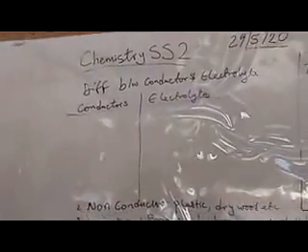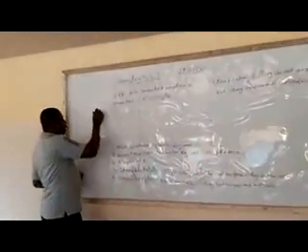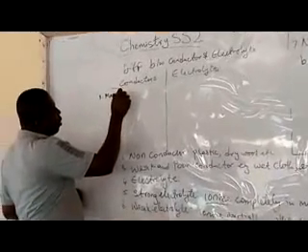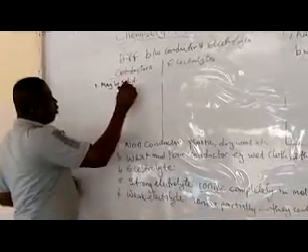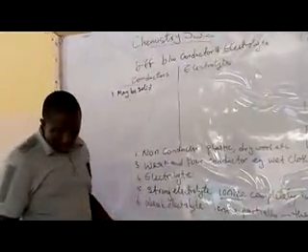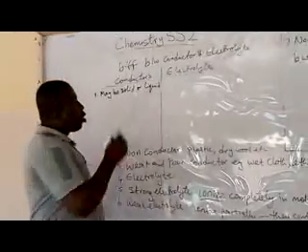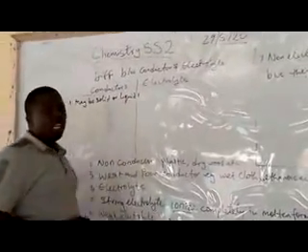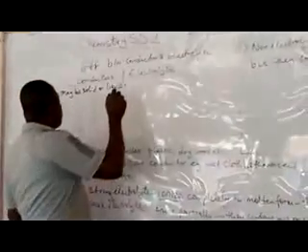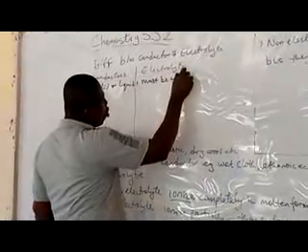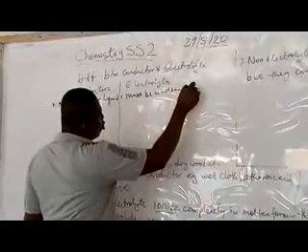Number one, conductors may be solid or liquid to qualify as a conductor. But when it comes to electrolytes, they must be in molten form or in solution.